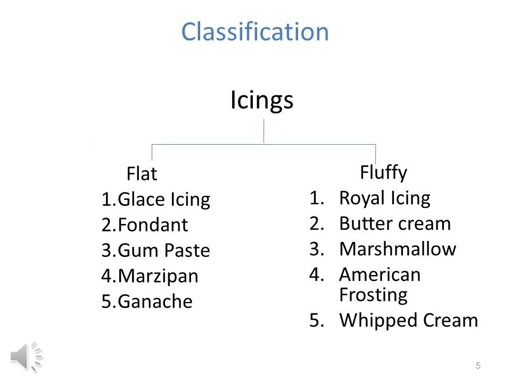The examples of flat icings are glaze icing, fondant, gum paste, marzipan, and ganache. And the examples of fluffy icings are royal icing, buttercream, marshmallow, American frosting, and whipping cream.